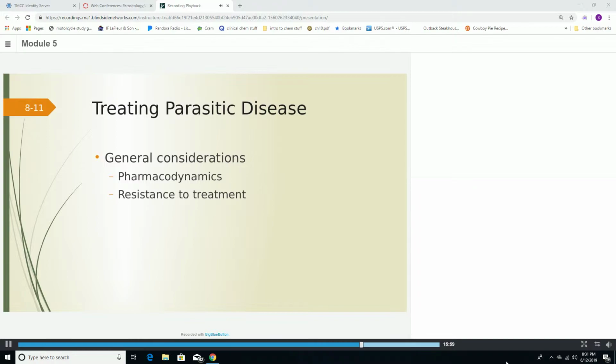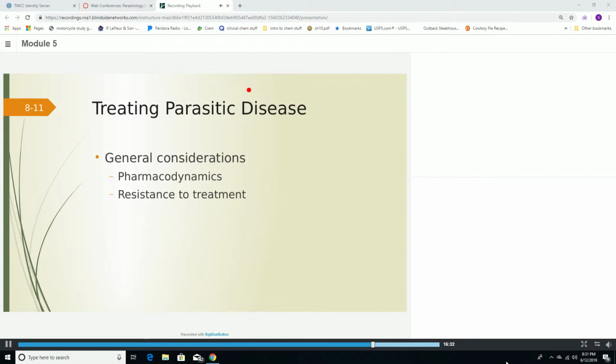So let's get into this a little bit. We're not going to get into treatment too much because that's not really our area of expertise as laboratorians. Treatment of parasitic diseases relies heavily on accurate diagnosis, followed by good judgment on the part of the physician. Drug effectiveness versus the toxicity of that drug is something that providers have to consider.